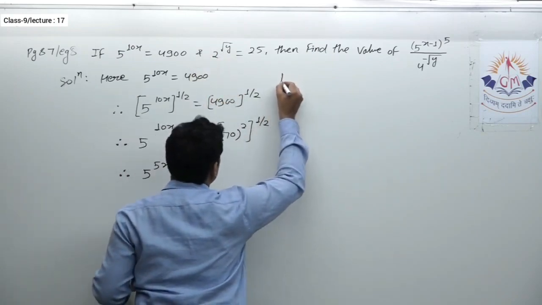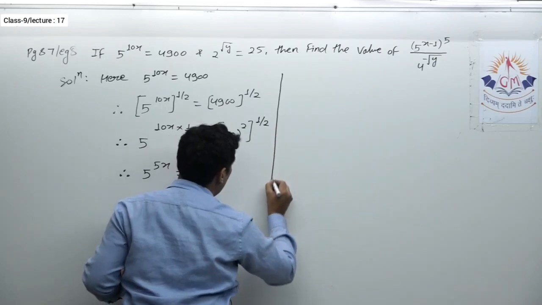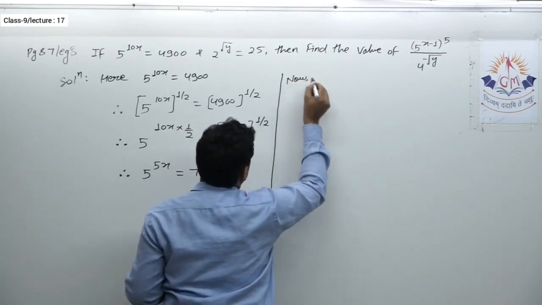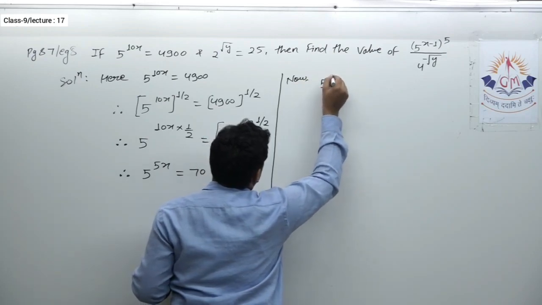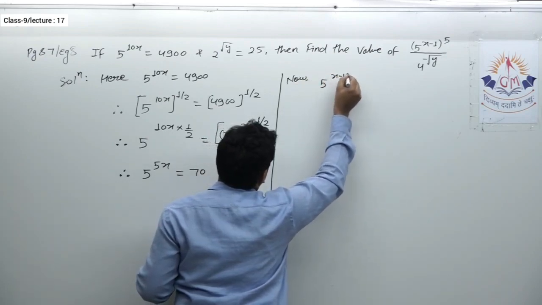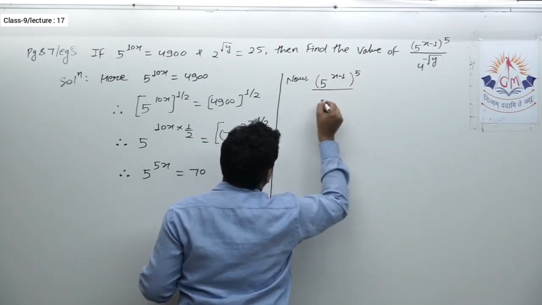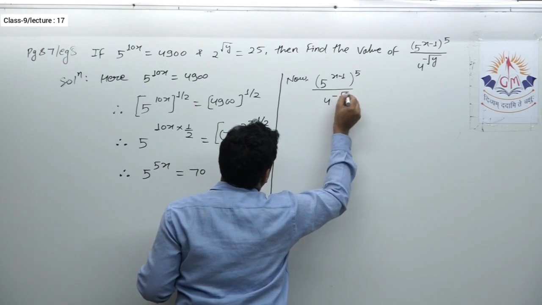Now I'll come to the expression whose value I have to find. 5 raised to x minus 1, the whole raised to 5, divided by 4 raised to minus root y.